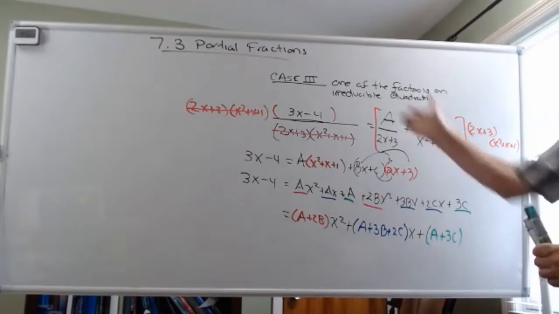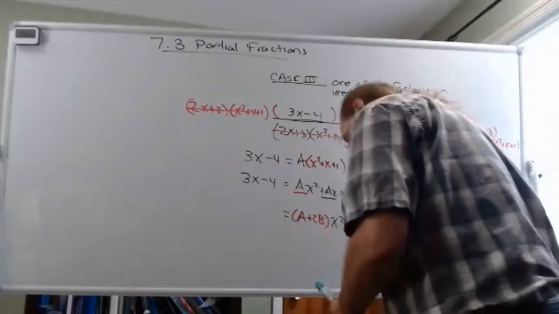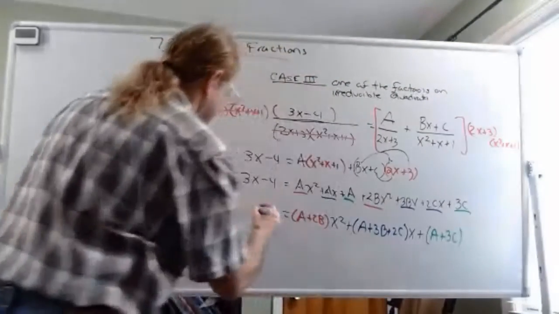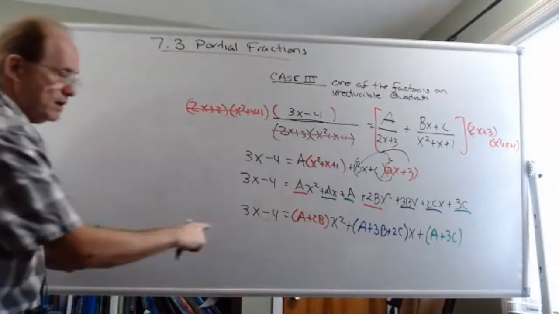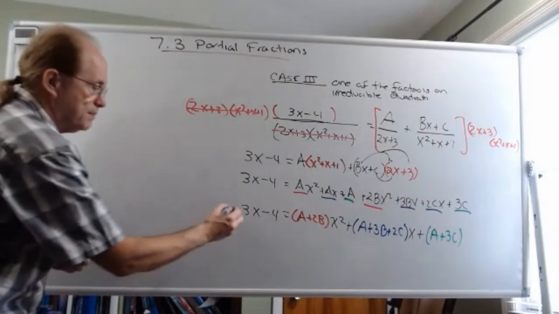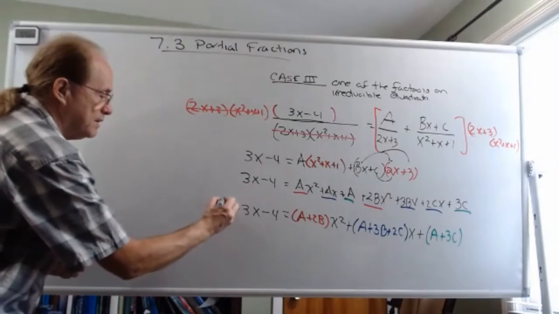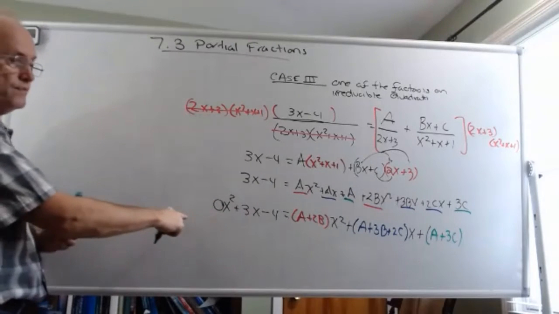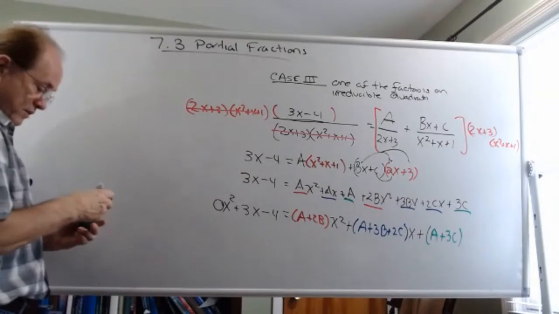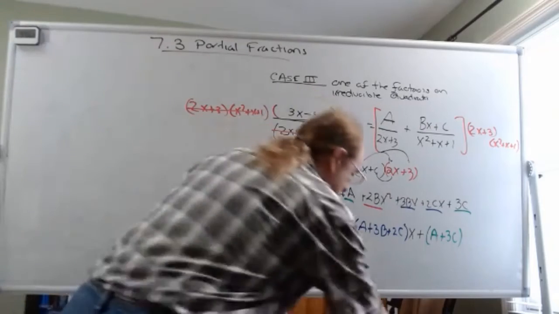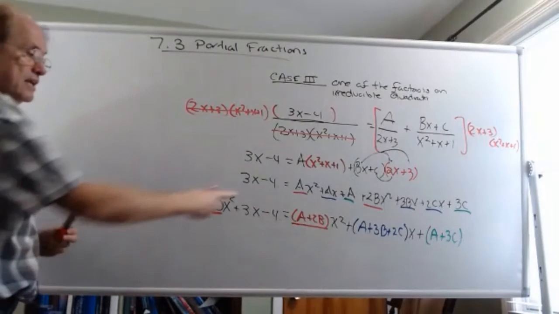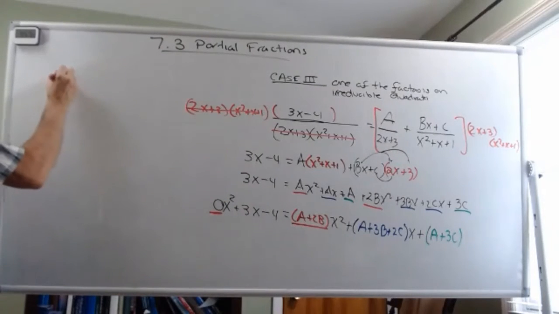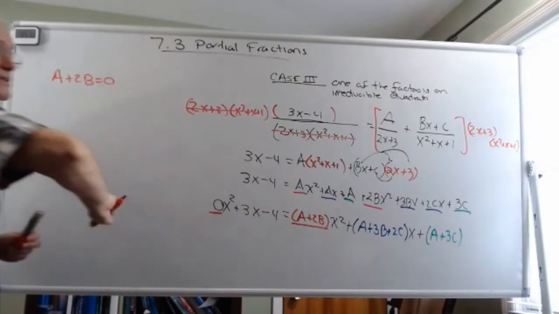Now I'm looking at the left-hand side. I have to mimic everything on that left-hand side. So here's my 3x minus 4. Just for illustration purposes, I could put a 0 times x squared, because there is no x squared over here. So what do I have to be the same? This coefficient has to be 0. That gives me one equation: A plus 2B has to be 0, because the x squared must cancel out.